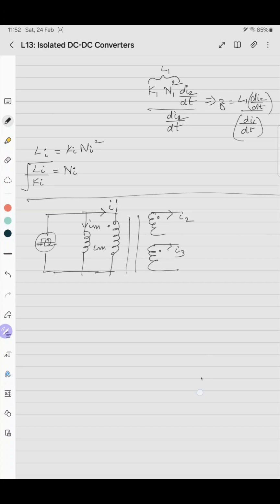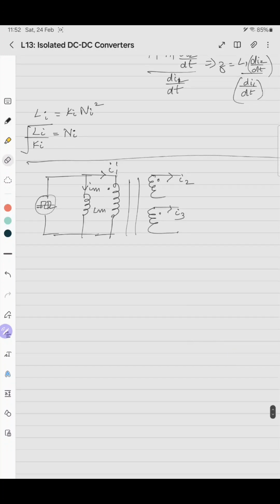So what happens is, if I2 and I3 both are 0, then I1 dash will also be 0. I1 dash is called the reflected component of the primary side current, which is due to the secondary currents.